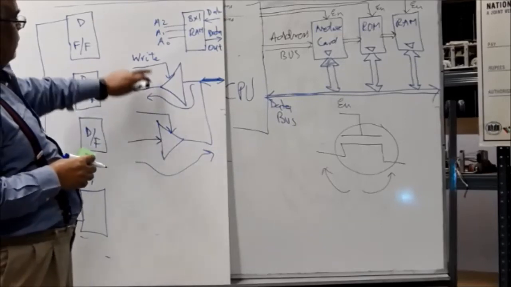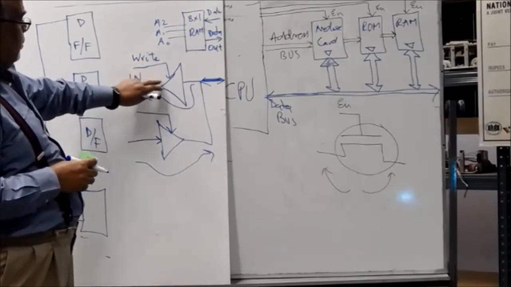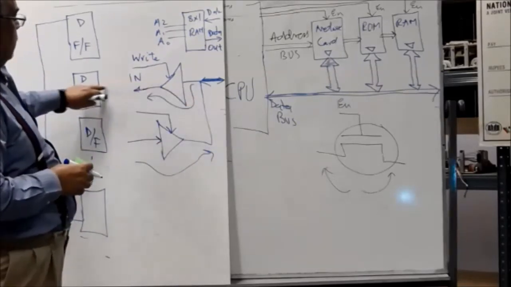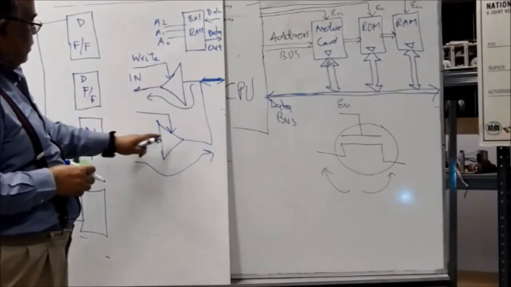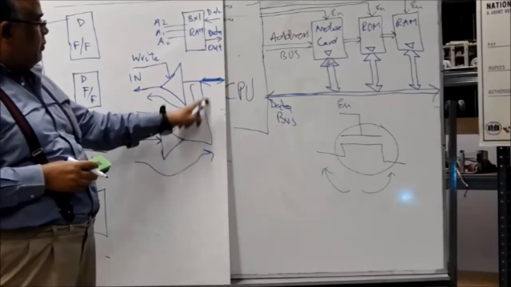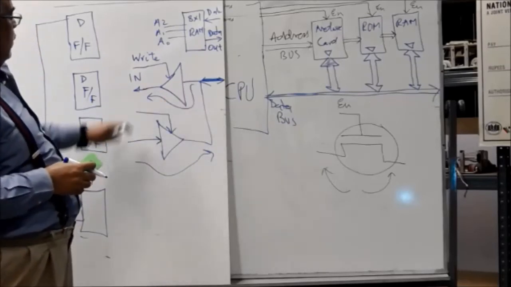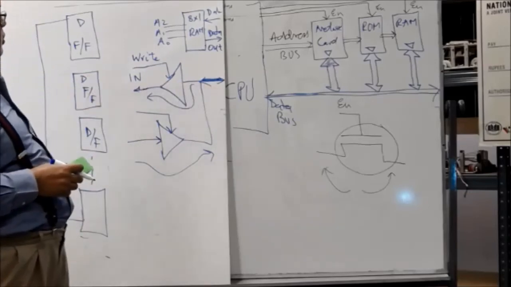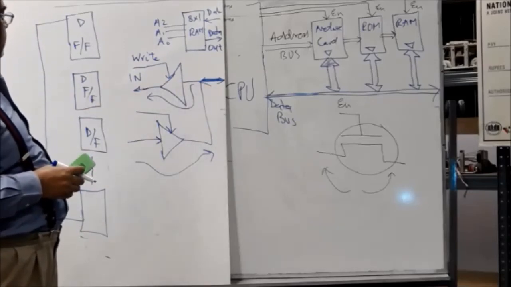When this is enabled, this is not enabled. When this is enabled, this is not enabled. So it cannot happen that the data travels this way and goes back. When this is enabled, data can be read, come from the memory and go in this direction. When this is enabled, data comes from the outside world and goes into the memory.